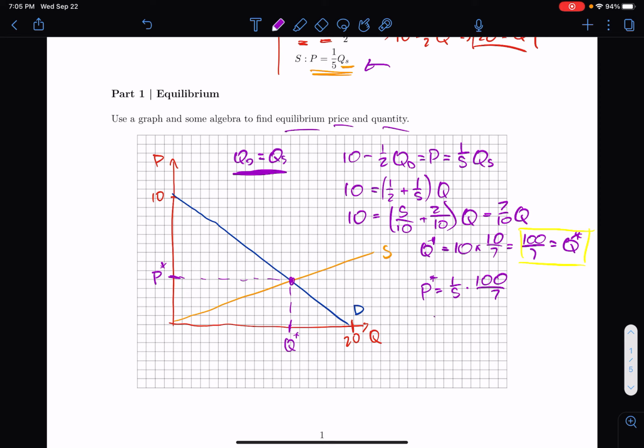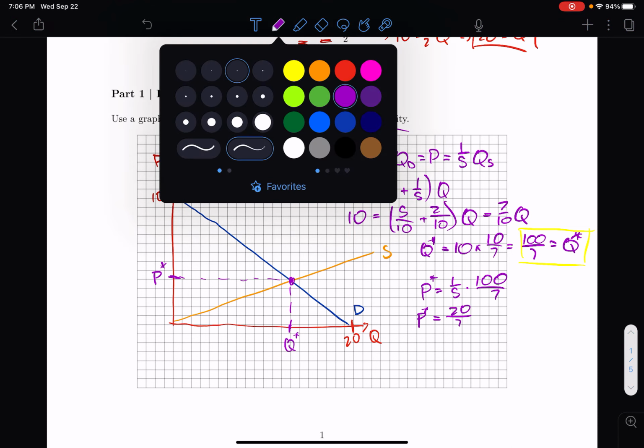And we can simplify this. We know there are 5 20s in 100. So that comes out to be 20 over 7, P star. And we'll box this.